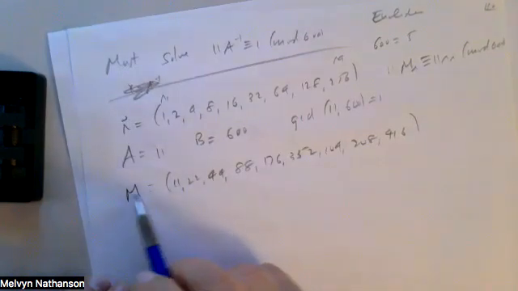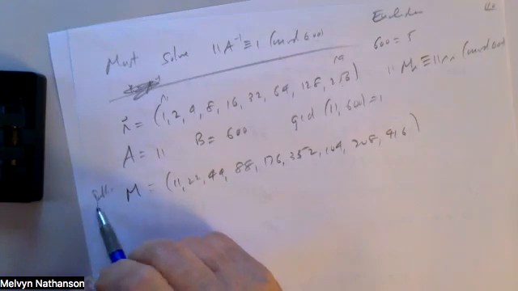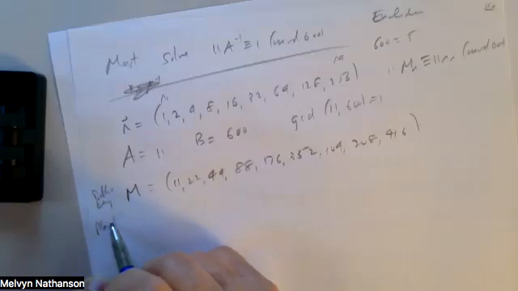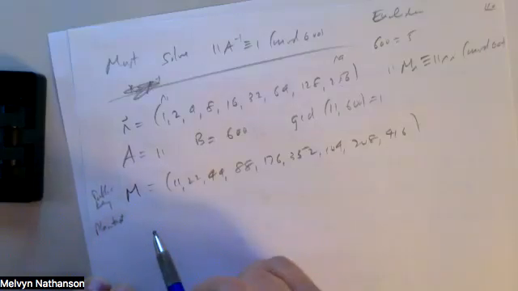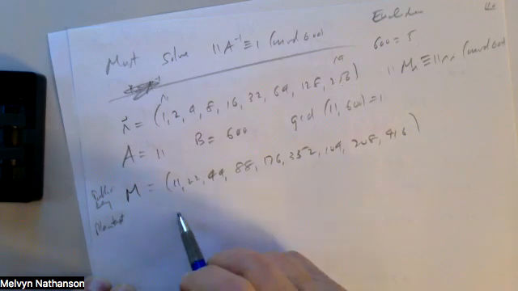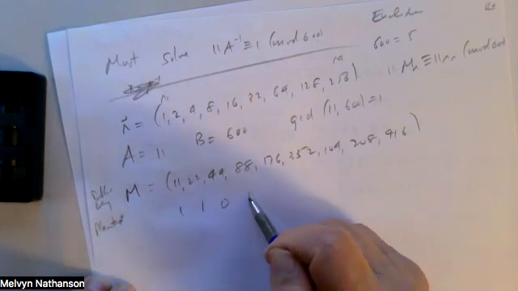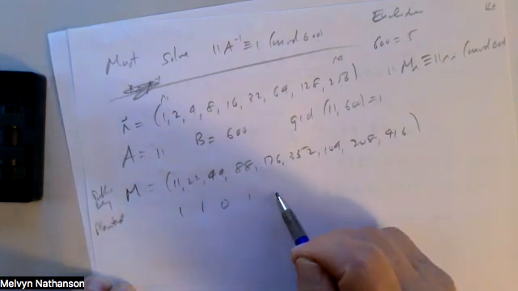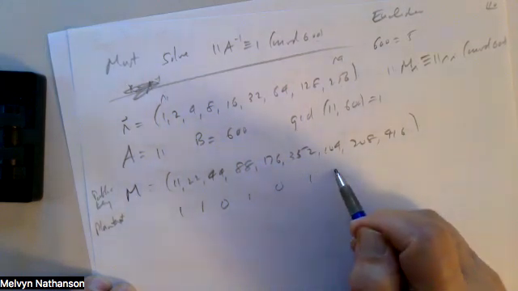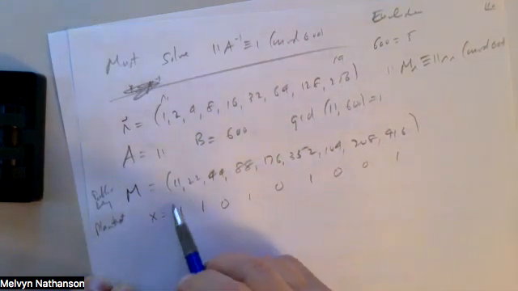This is what is public; this is the public key. And the plain text that Bob wants to send Alice is the binary sequence 1101010001. So this is X.